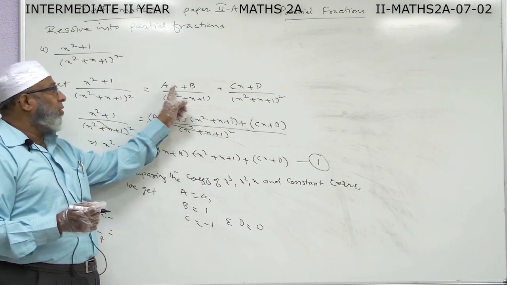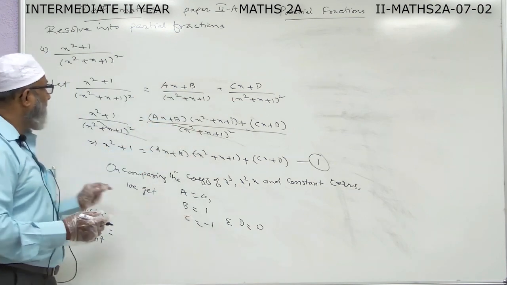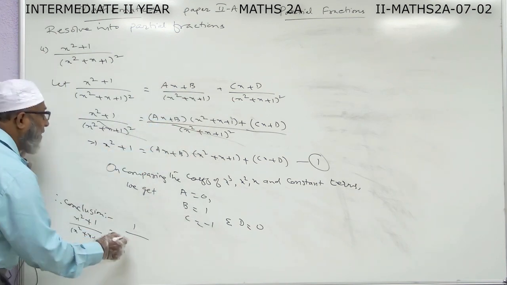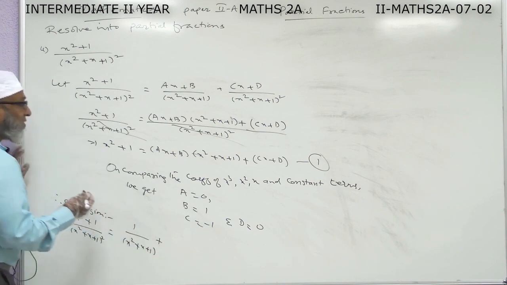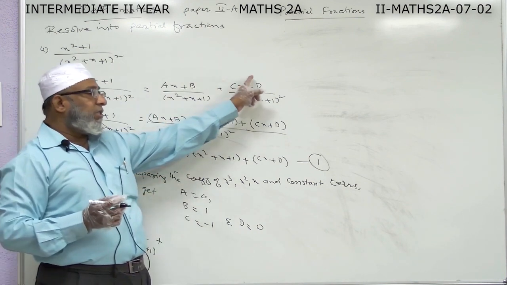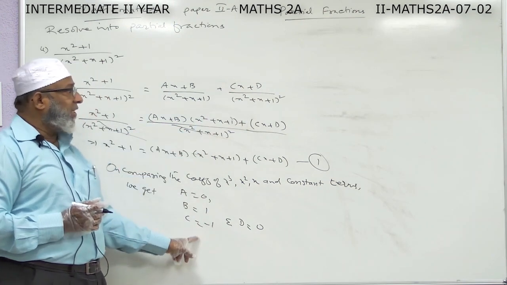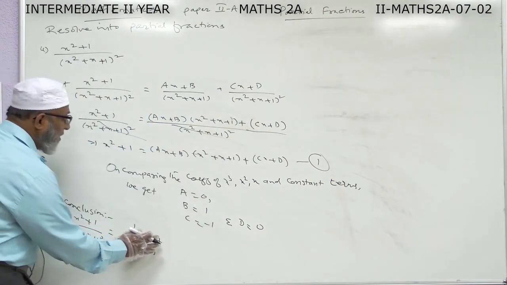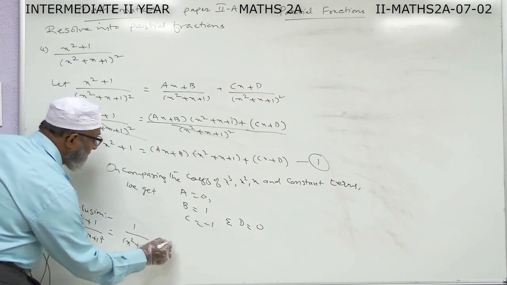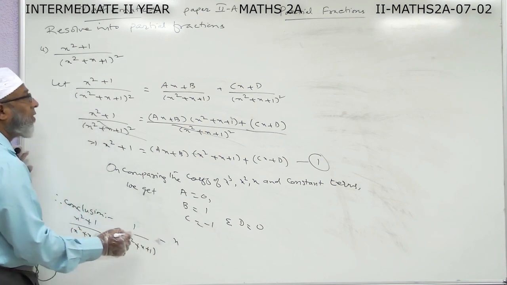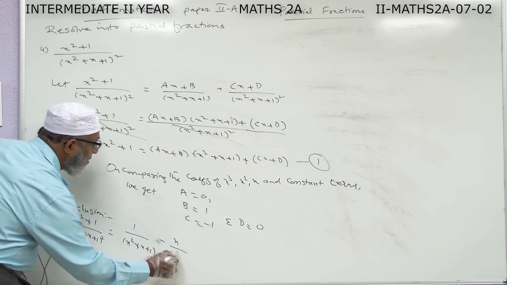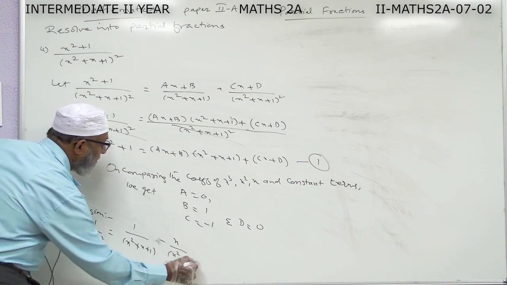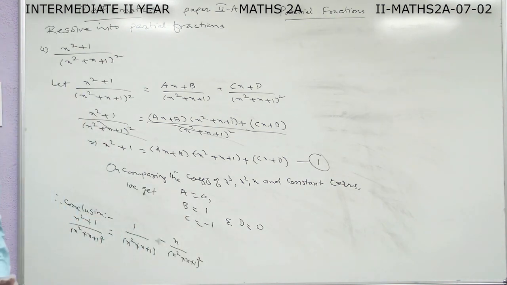What is a? 0. 0 into x is 0, 0 plus b, 1, that is 1 by x square plus x plus 1 plus cx plus d, d is equal to 0. What is c? Minus 1. Minus 1 into x is minus x. So this becomes minus x divided by x square plus x plus 1 whole square. So this is my final answer.